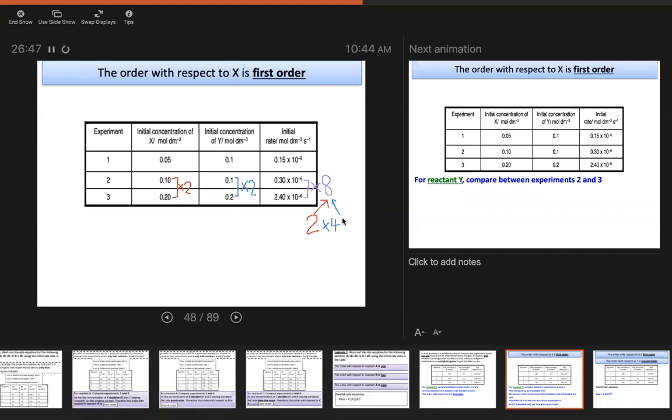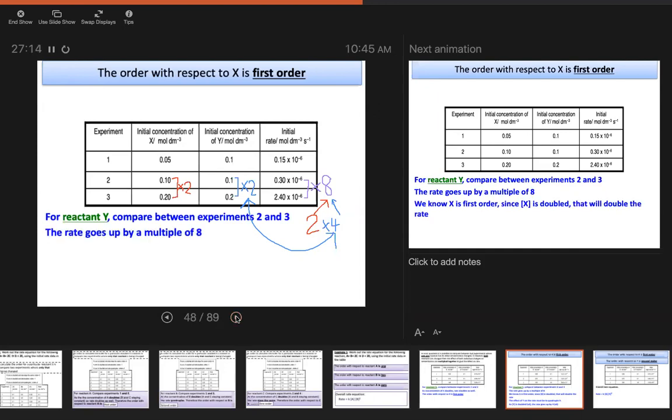So the remaining times 4 must be the effect from changing Y. Can you see that? So what can you conclude about the order with respect to Y? Zero, first, second? Second order.